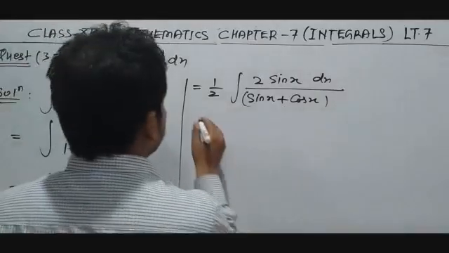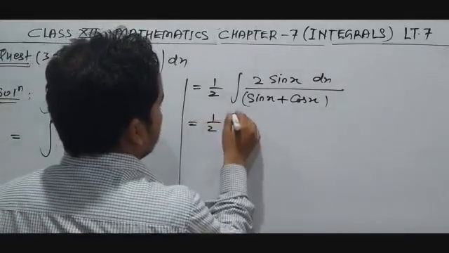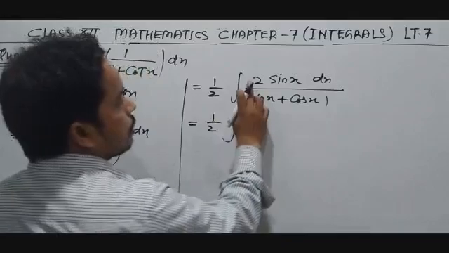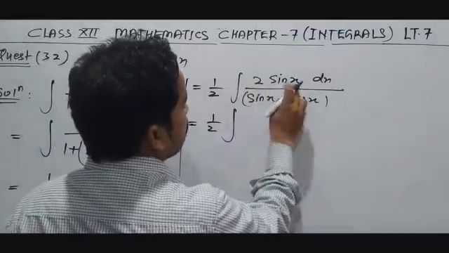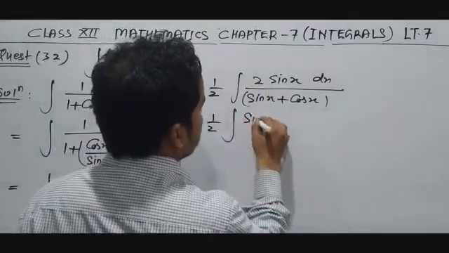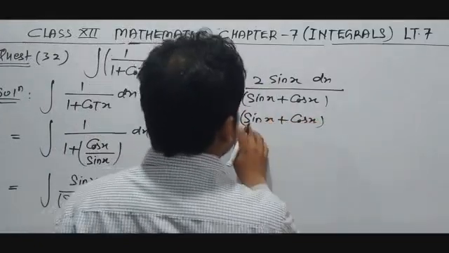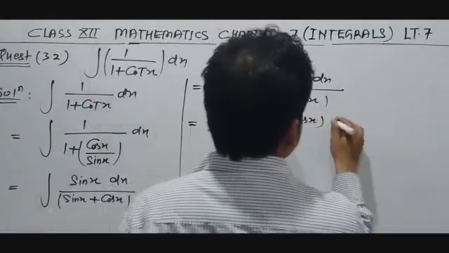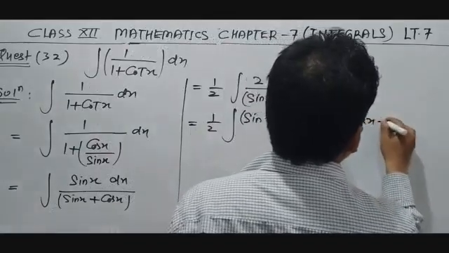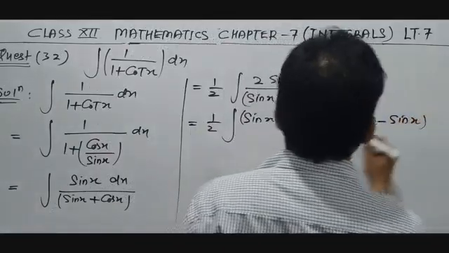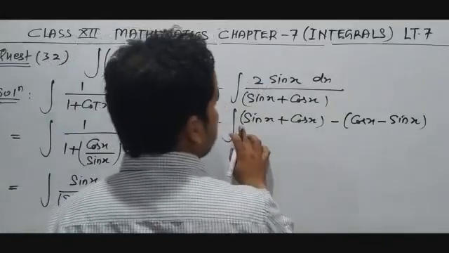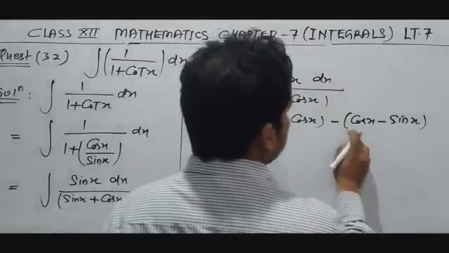Now in the integration, 2 sin x can be written as (sin x plus cos x) plus (sin x minus cos x), or rather (sin x plus cos x) minus (cos x minus sin x).